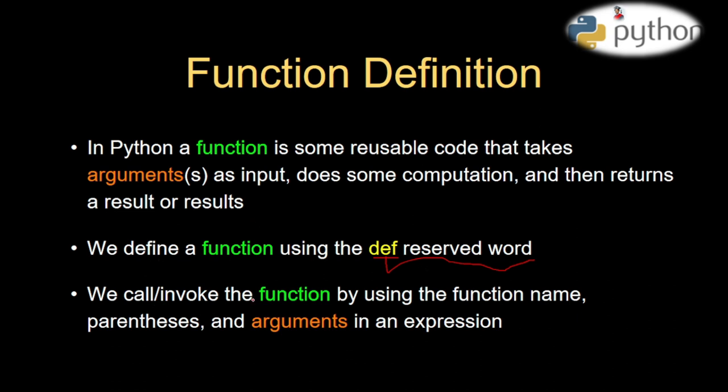We call or invoke the function by using the function name, parentheses and a list of arguments, if they exist. Without arguments you can call it with simply empty parentheses. This is how we call the function.